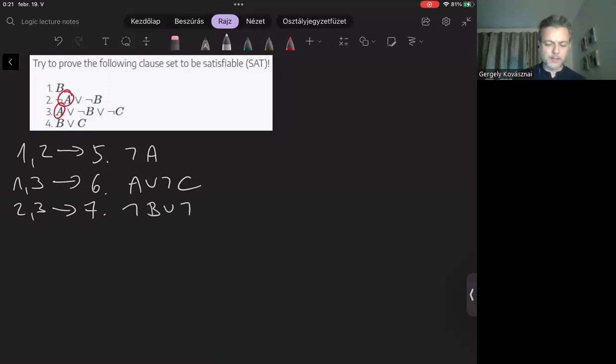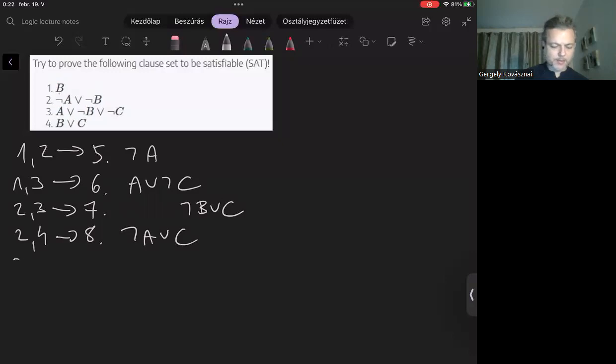Not B or not B or not C. Well, in this case, we can simplify the resolvent a little bit because it has a duplicated literal. We can just remove one of the duplicates. Okay, in the next step, we can try to resolve clauses number 2 and 4. And the resolvent is going to be not A or C.